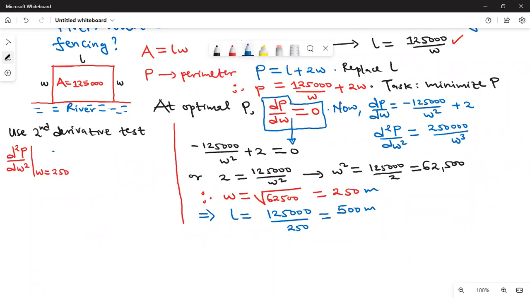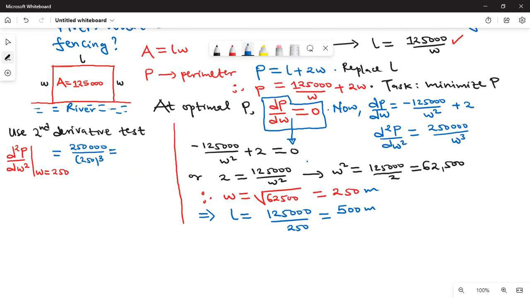What will this give us? When you substitute W is 250, we are going to get 250,000 over 250 squared. No, is this squared or cubed? It was over W cubed. So this is cubed.